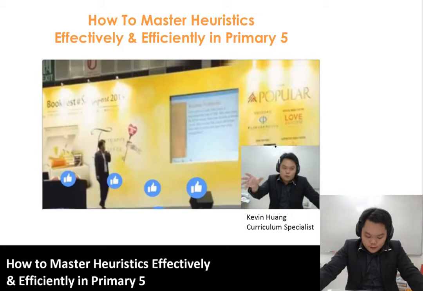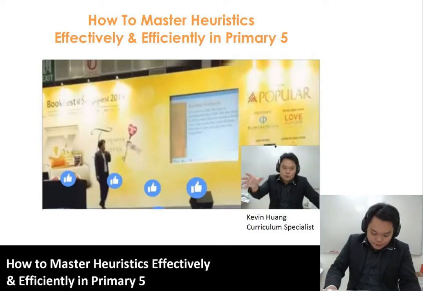So year after year, what parents observe is that during the CA1 and SA1 of P5, they tend to suffer a grade drop or so. So there are a lot of parents that are concerned about this grade drop and what they can do about it. So today I will be talking about how to master heuristics effectively and efficiently in P5. Okay?